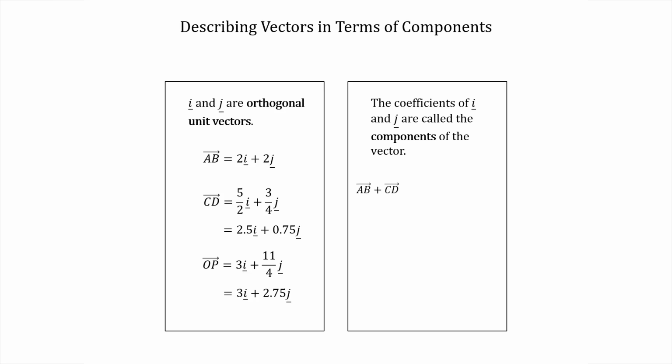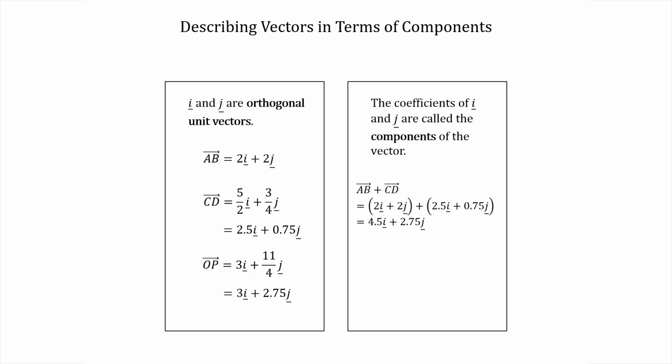Well, that would be 2i plus 2j, that's AB, plus 2.5i plus 0.75j, that's CD. Just like in any other algebraic sum, we gather up and combine the like terms, so we end up with 4.5i plus 2.75j.